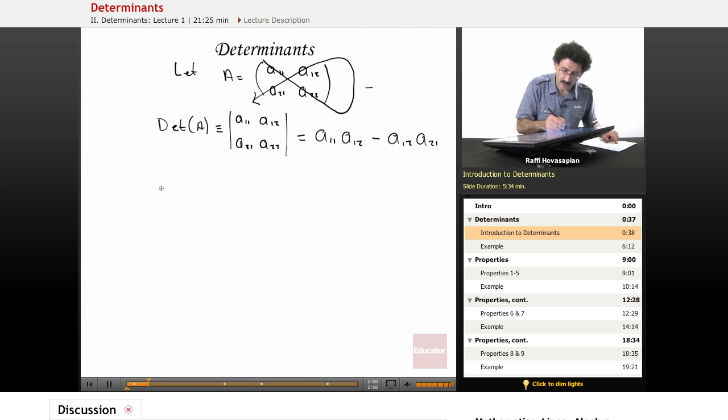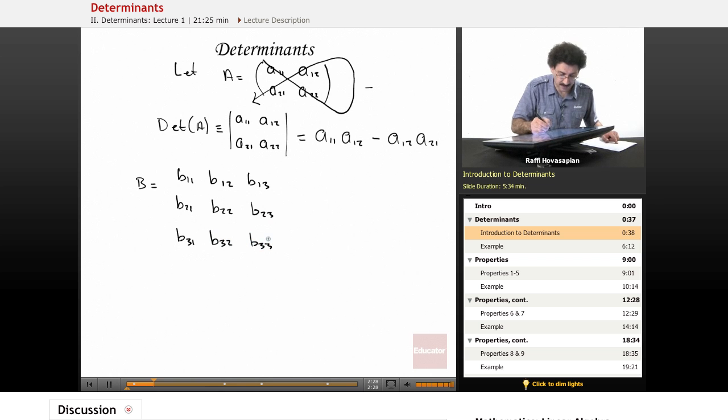Let's do the same for a 3 by 3, and then we'll do some examples. So let's say that B is our 3 by 3, so we have B11, B12, B13, B21, B22, B23, B31, B32, B33.